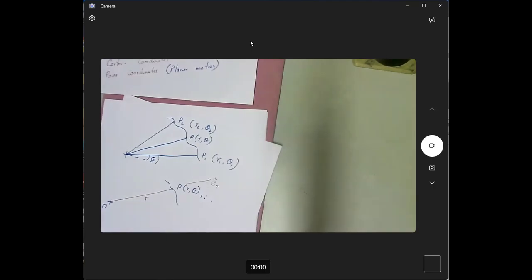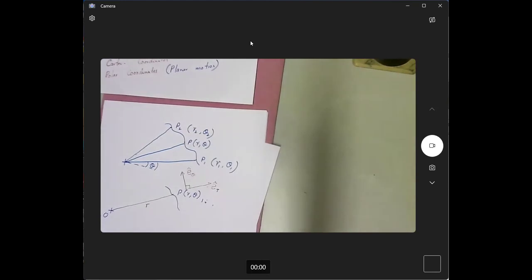And typically this is given as e_r hat, right? Unit vector along the r direction. Now, if you have one vector in the r direction, we must define the other one perpendicular to this.